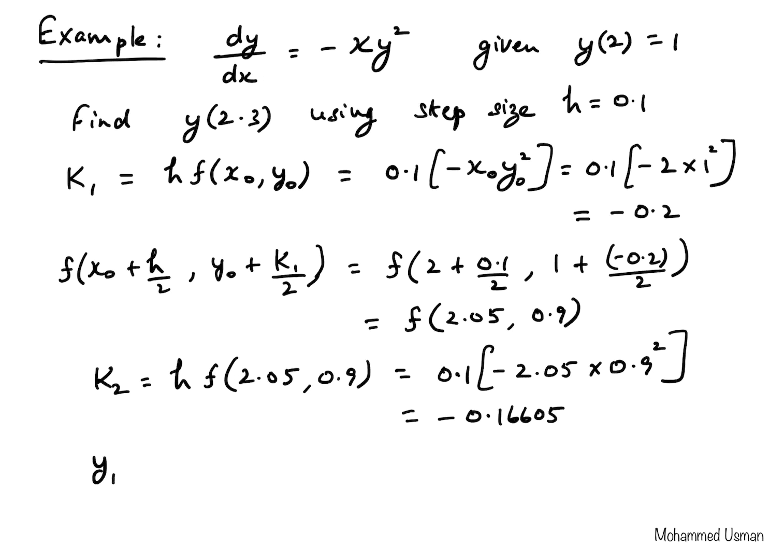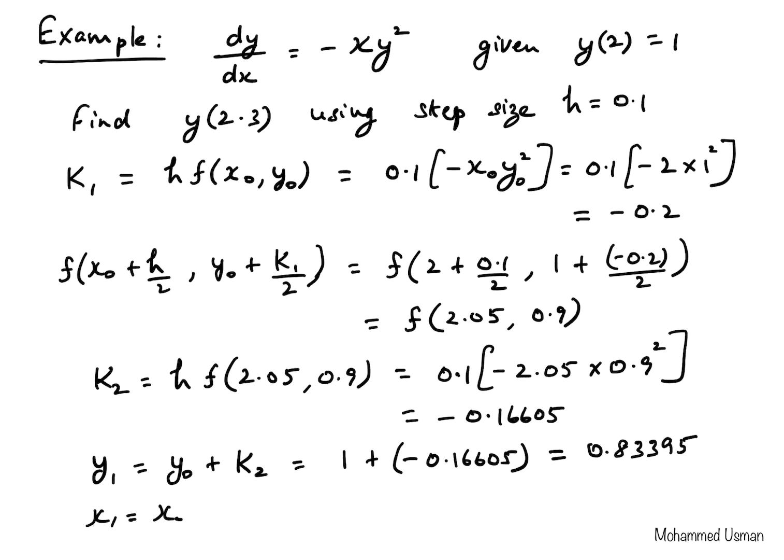Once we have this value of k2, we can now compute our value y1. So y1 will be equal to y0 plus k2, which is 1 plus minus 0.16605, which is equal to 0.83395. Okay, so that is y1. The corresponding x1 is x0 plus h, which is 2 plus 0.1, which is 2.1.